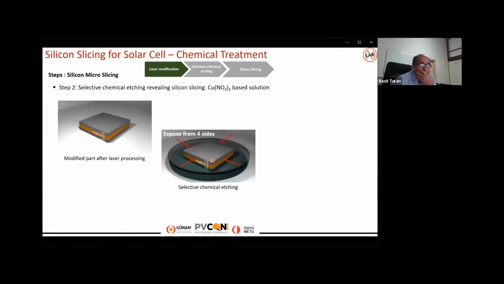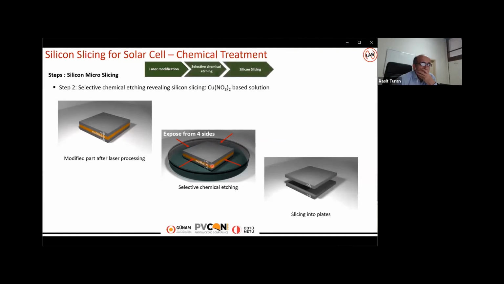So, this work is focused on developing a chemical treatment which is applied to subsurface laser-modified silicon. After the laser processing, the modified material is exposed from four sides and etched away to the unmodified region to produce the thin silicon wafer.